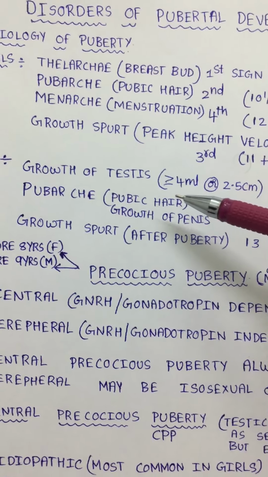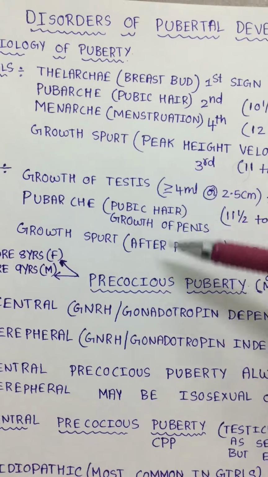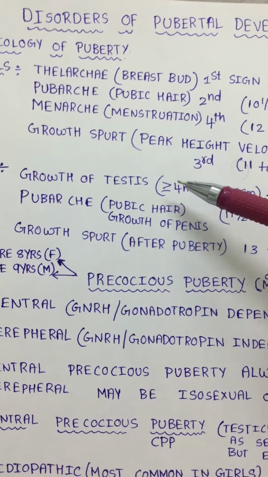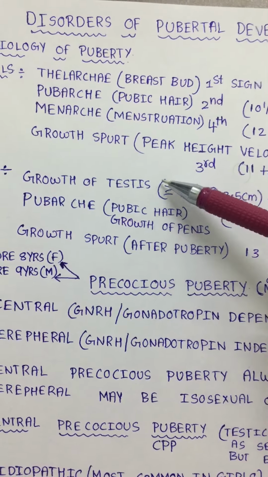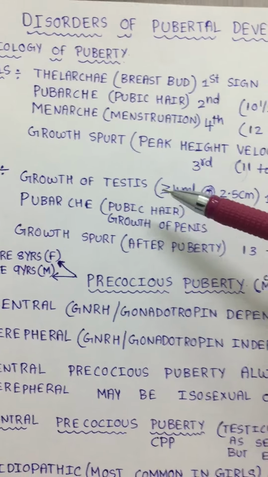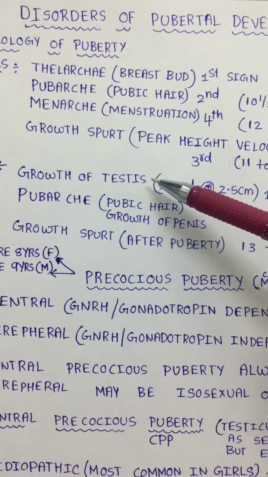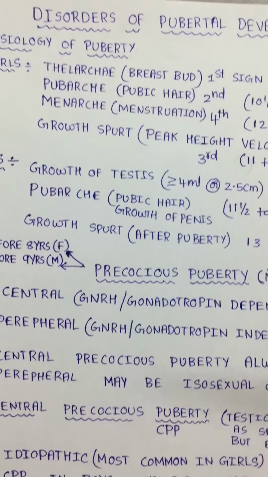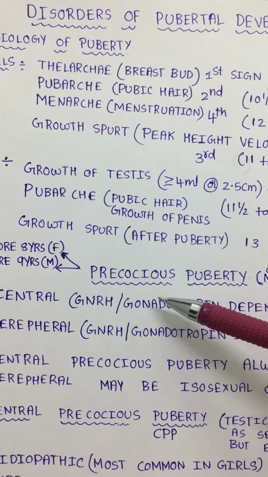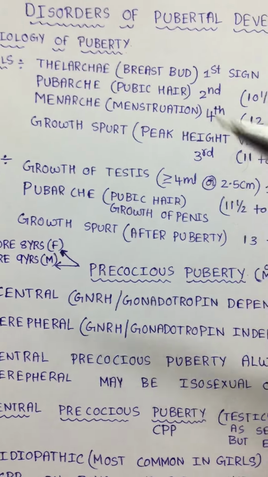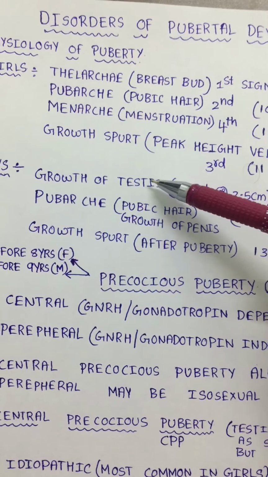The pubarche will appear first, so the stages of puberty are not in the normal order. The first stage to appear in peripheral is pubarche instead of growth of testes, because growth of testes needs gonadotropins. In gonadotropin dependent precocious puberty, as there are high levels of gonadotropins, growth of testes occurs first and it follows the normal stages of puberty.